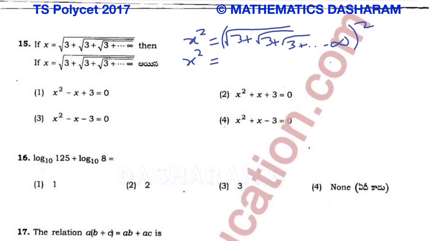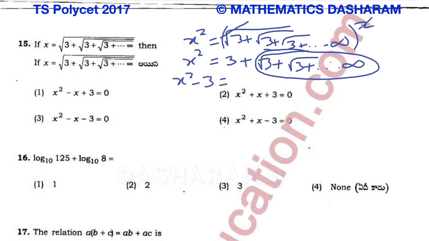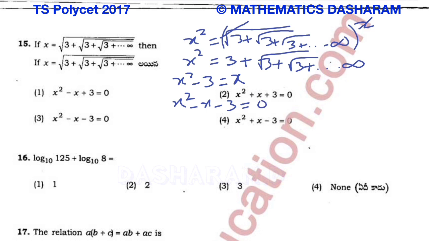One square root gets cancelled, so x square equals 3 plus root 3 plus dash infinity. Transposing 3 to the left side, x square minus 3, and at this place we can substitute x because it is infinity and the square roots of 3 continue. So now x square minus x minus 3 equals 0. So option 3 is correct.